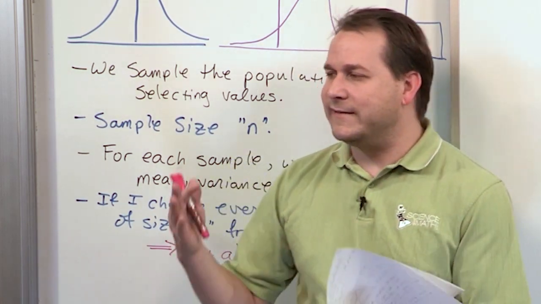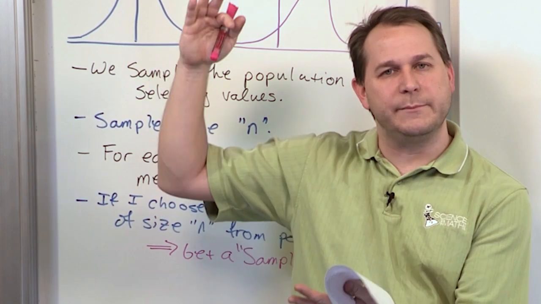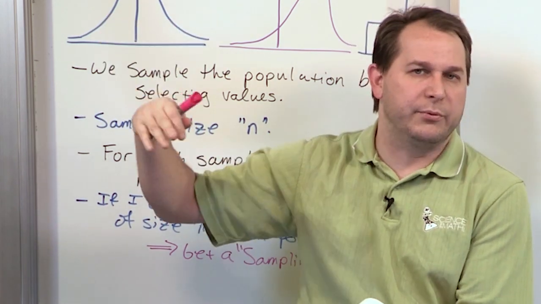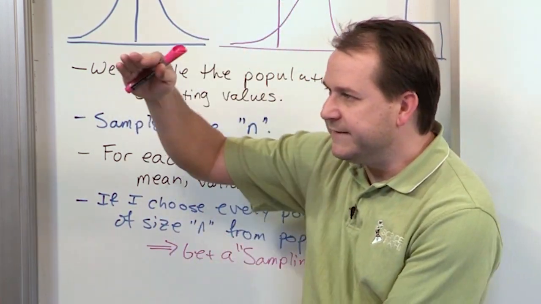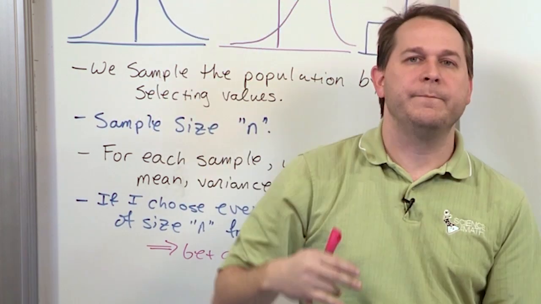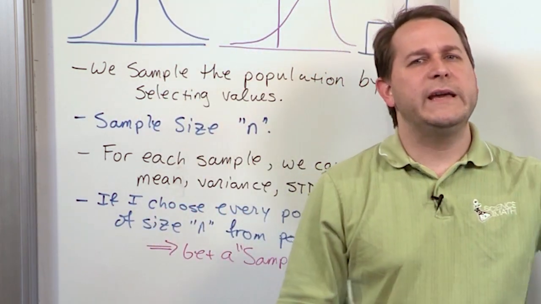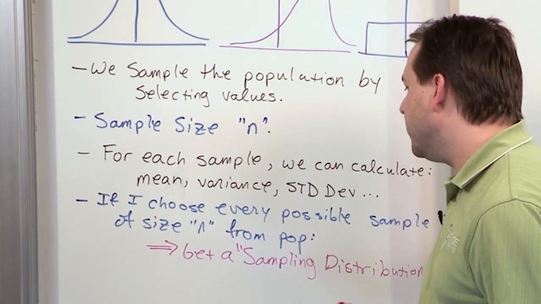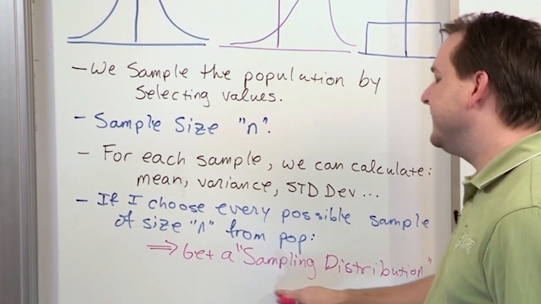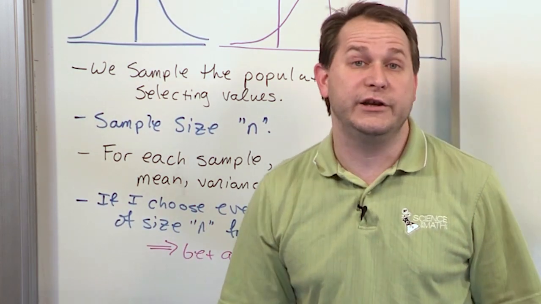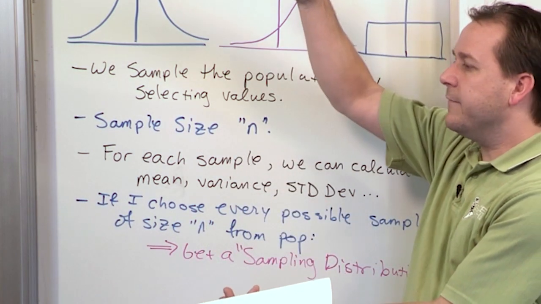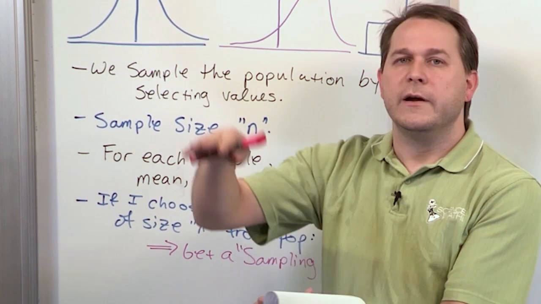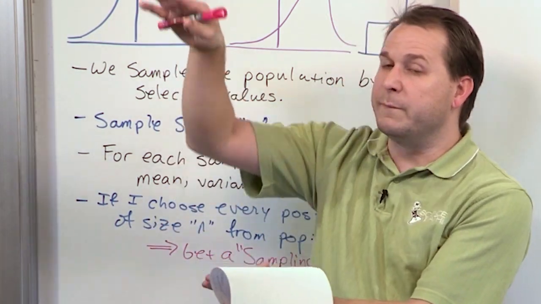What they did is they said, all right, we're going to have a sample size, let's say 50 people or 20 people, and we're going to collect this sample, and then this sample, and then this sample, and we're going to collect as many as we can. But if we somehow could collect them all from our population, we can organize it into something we call a sampling distribution. So in the case of IQs, let's say I have an IQ here, an IQ here, from this set of 50 people, from this set of 50 people.